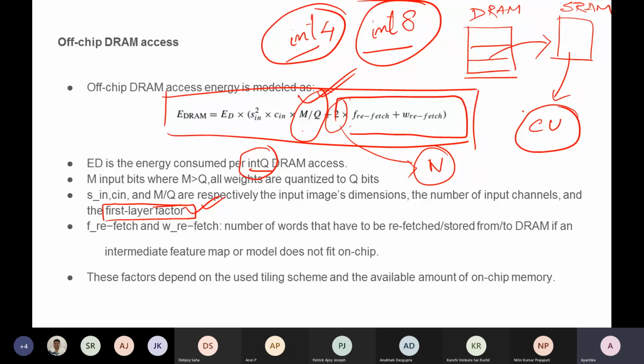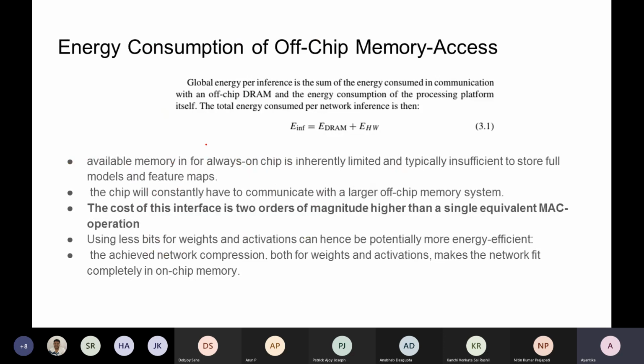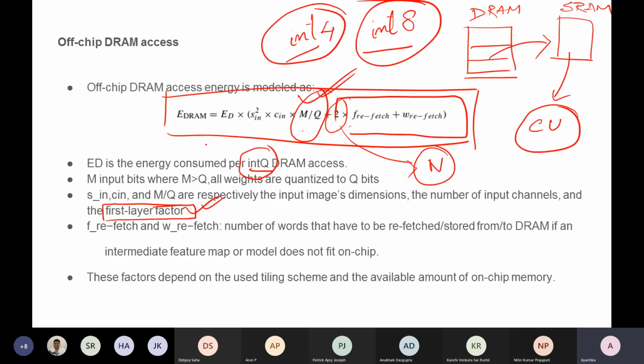You can see here we are fetching, and these activations, inputs and output values per layer, sometimes we are storing here or sometimes storing back there. So for that read, write, fetch, store, we are considering those timings, but we just consider 2 into something, and that may increase based on how many times you are refetching your data.